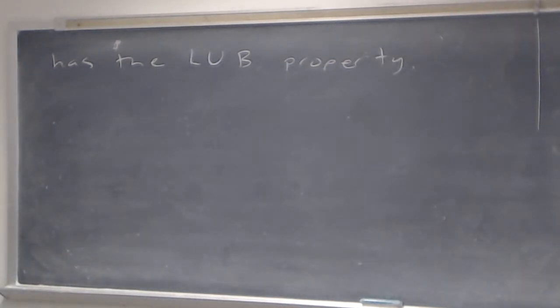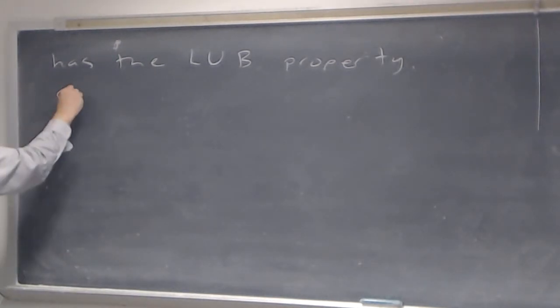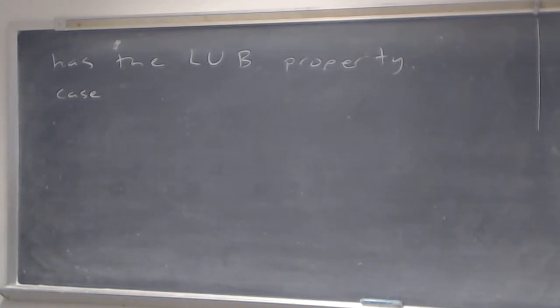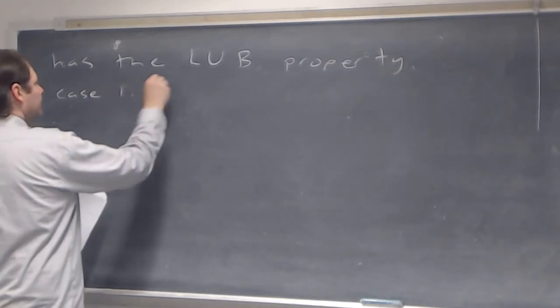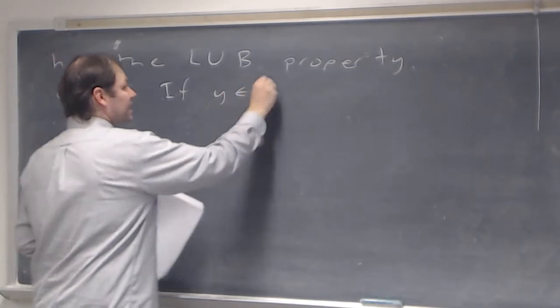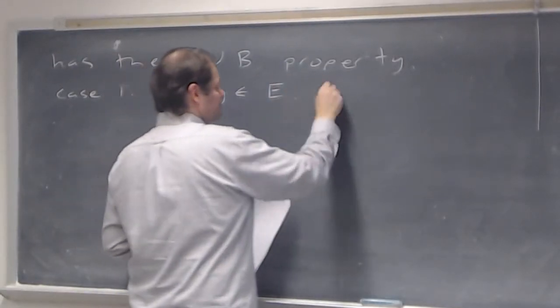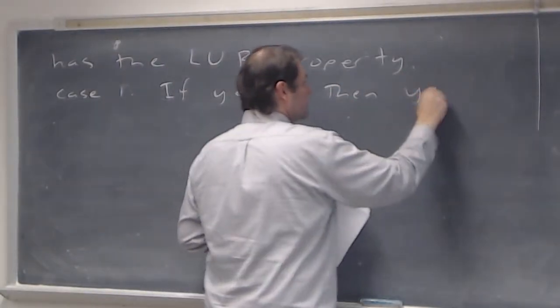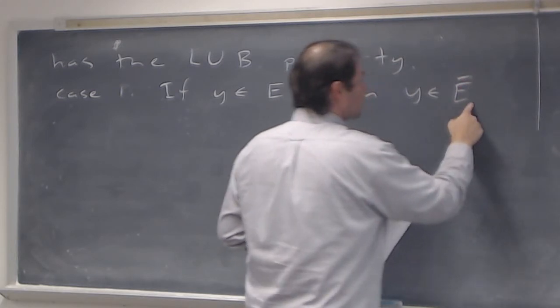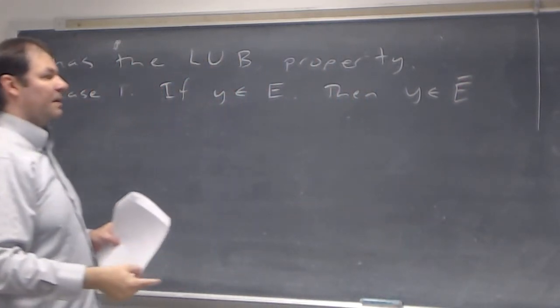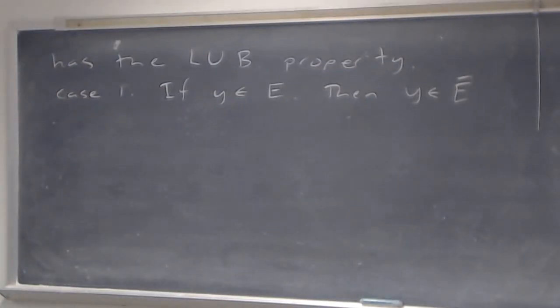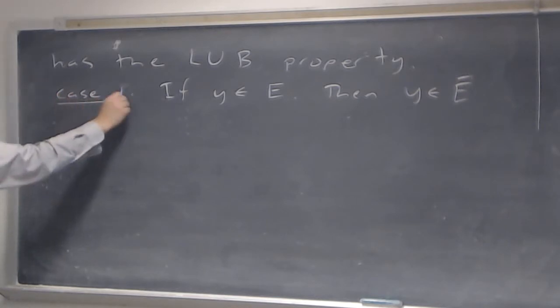Okay, so we look at two cases. Remember, what we're trying to do is show that y is an element of the closure of E. Now, case 1, if y is an element of E, then y is an element of E closure, as E closure is equal to E union its limit points. Okay, so case 1, that's good.